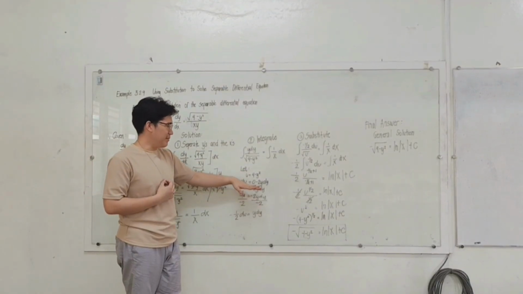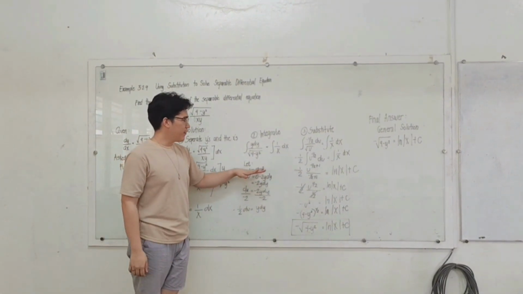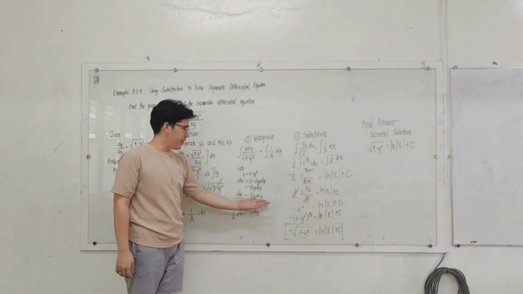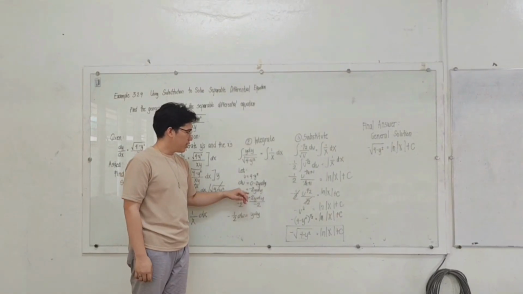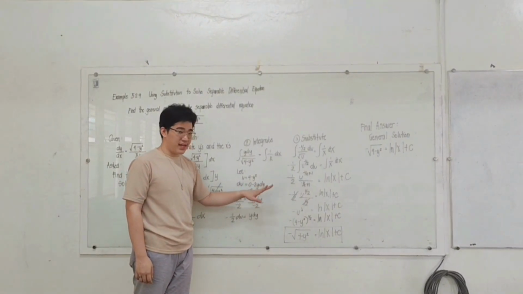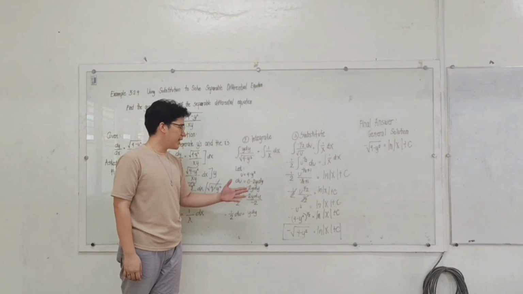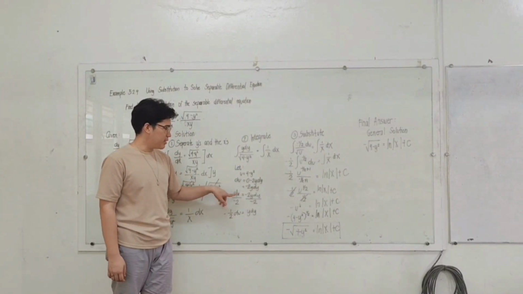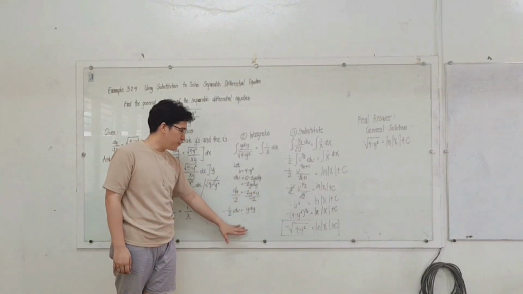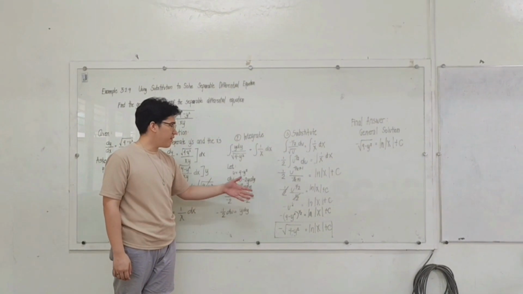So we let it become u. So u is equal to 4 minus y squared, and we derive it to get negative 2y dy. And then we divide both sides by negative 2 to get the value of y dy. So now we have our values.